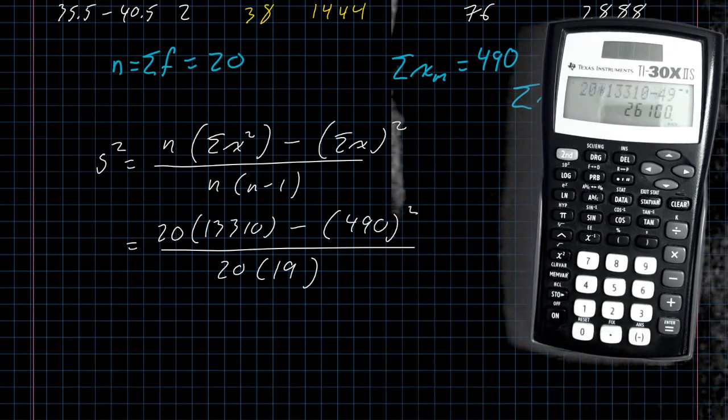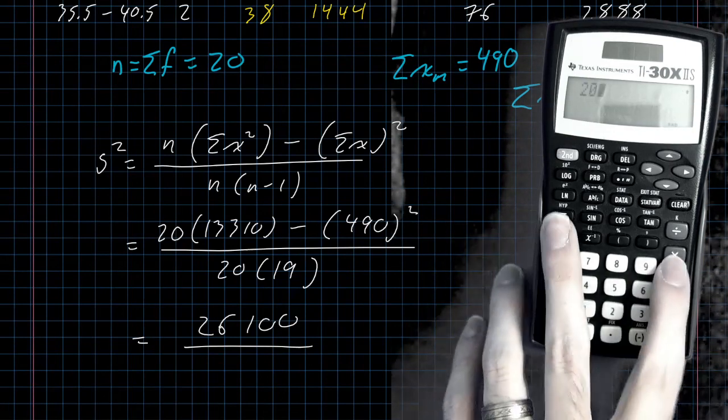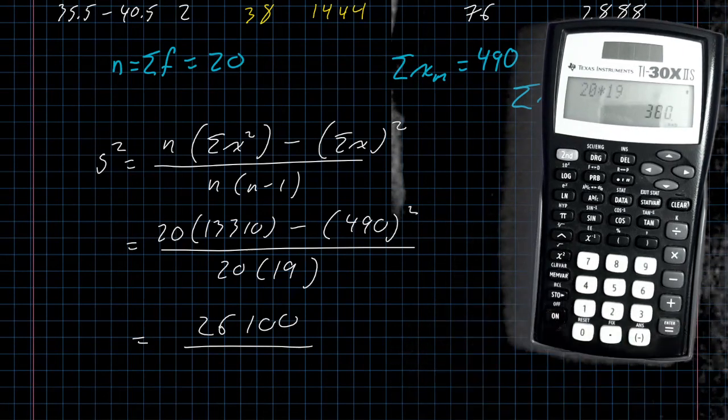In one go, 26,100. And then the denominator, 20 times 19, comes out at 380.